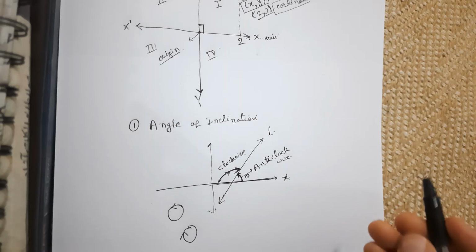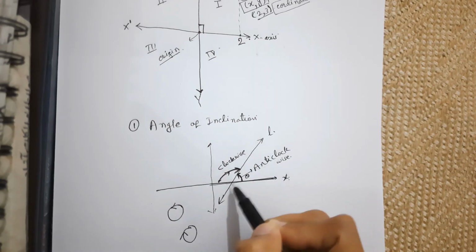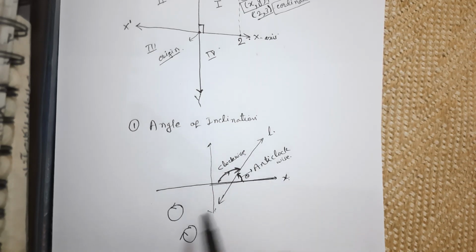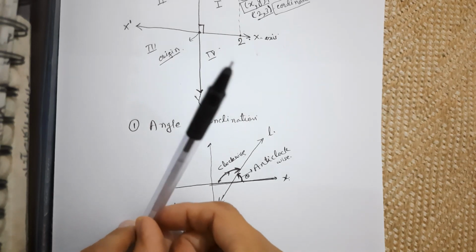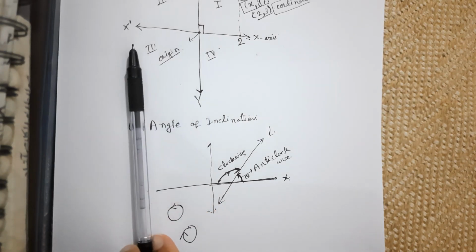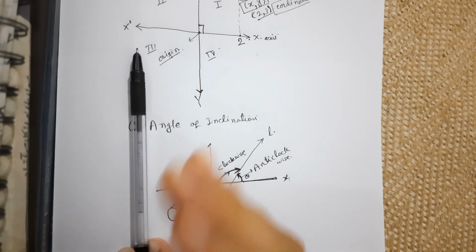So actually, we are just measuring how much above the horizontal or the straight plane this line is. Suppose I place a pen like this. If I have a pen on the plane, then it is on the x-axis or parallel to the horizontal.